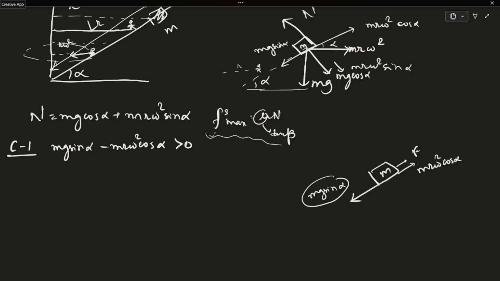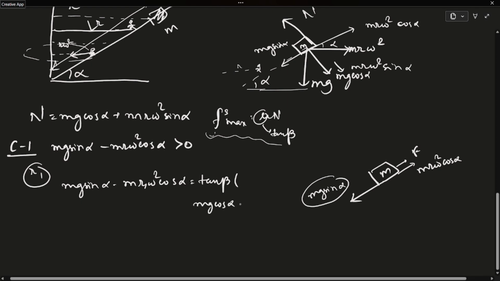I want to find the radius at which it equals Fs max. So let the radius be r1. mg sin alpha minus m r1 omega square cos alpha equals tan beta times the normal, which is mg cos alpha plus m r1 omega square sin alpha.